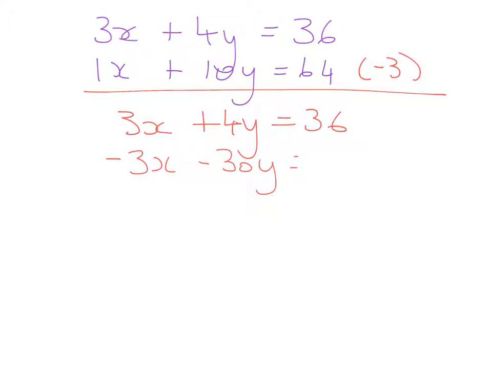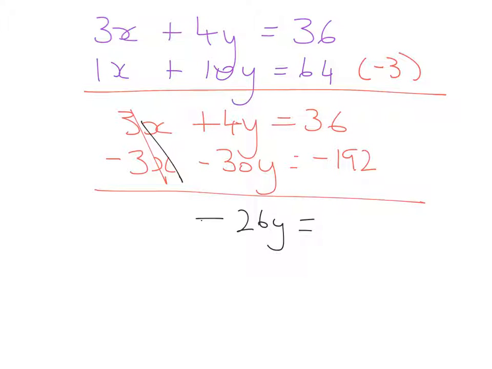And minus 3 times 64, so 3 times 64, and there's a minus, it gives me minus 192. Draw my line. My desired outcome was to get my x's to cancel. I can see that that's what happened. And so I'm left with minus 30y and plus 4y gives me minus 26y equals minus 192 plus 36 gives me minus 156.